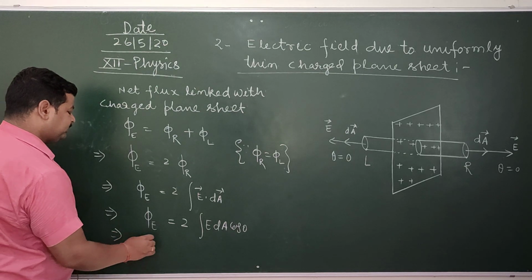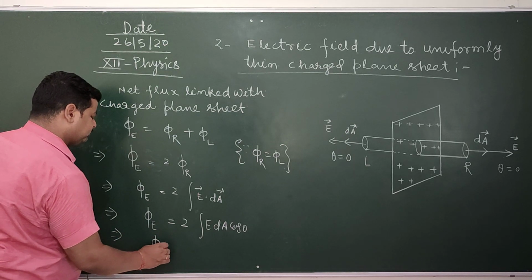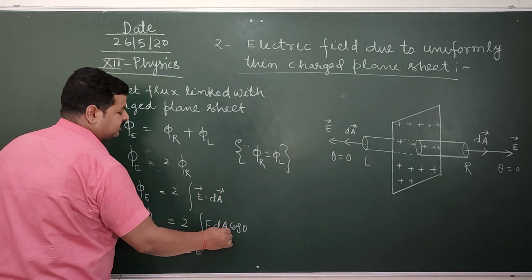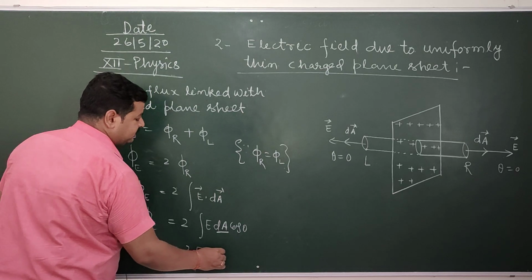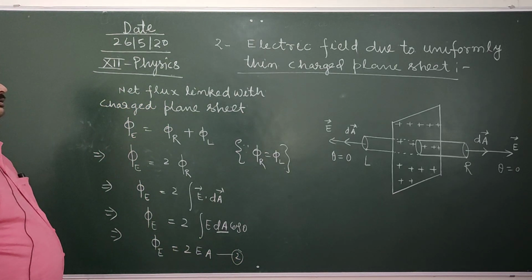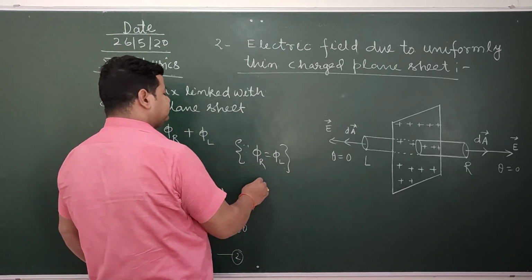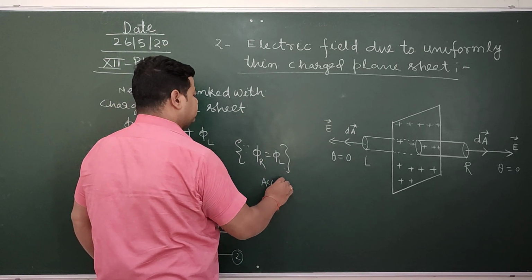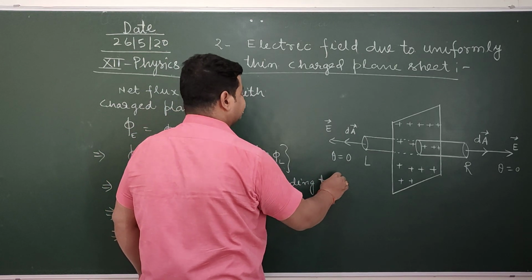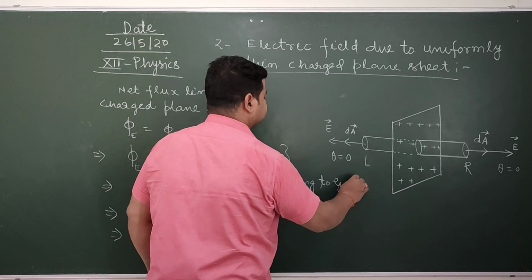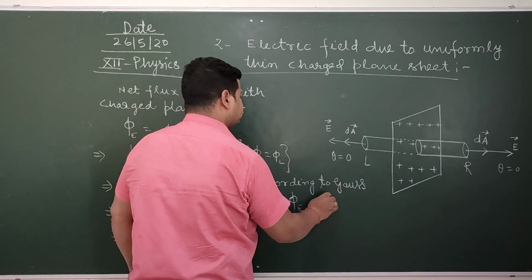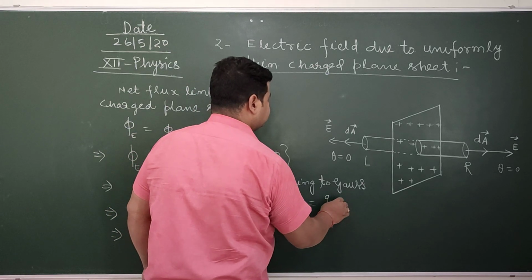So phi E is equal to 2E times the integration of dA, that is equal to A. This is the calculated electric flux linked with the charge plane sheet. This is equation first. According to Gauss, the net flux linked with the charge plane sheet is Q by epsilon naught.